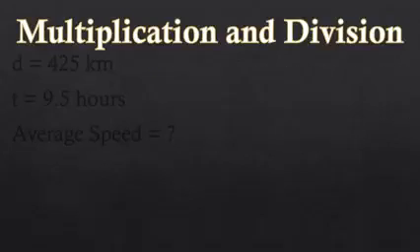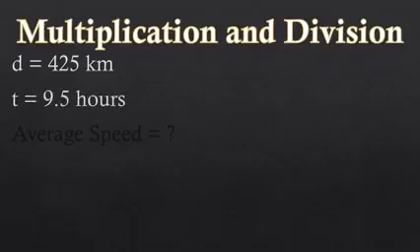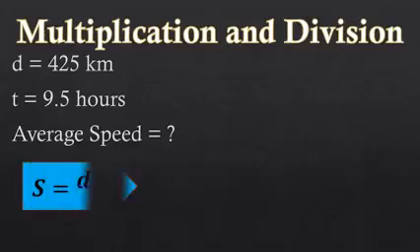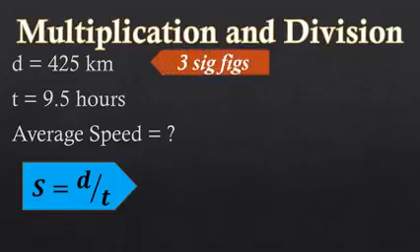So, jot down the given. D is equal to 425 kilometers. T is equal to 9.5 hours, and we're looking for the average speed of the car that moves in a constant motion. So recall, in physics, the formula in finding average speed is distance over time, okay? So i-divide lang yung distance by the time taken by the car.